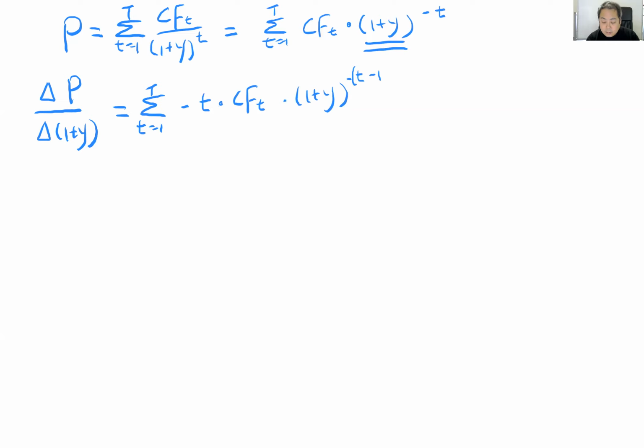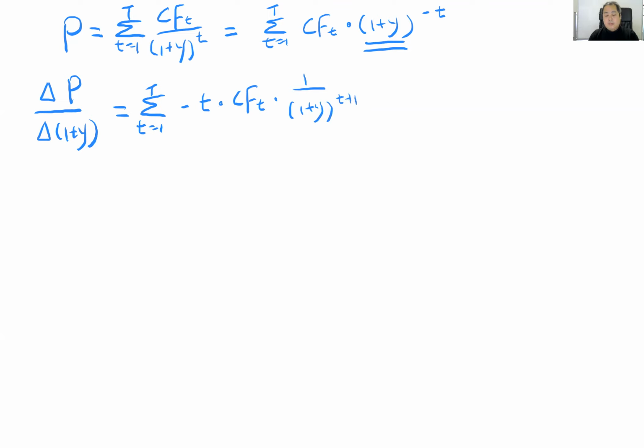If you take the parentheses, this is negative (t plus 1), so this changes to 1 over (1 plus y) to the t plus 1.